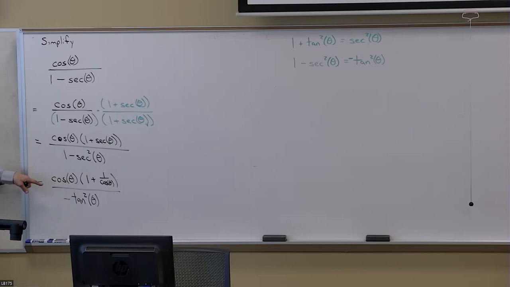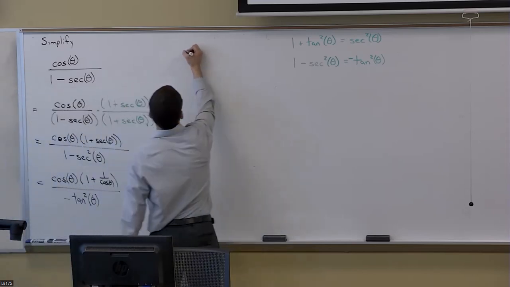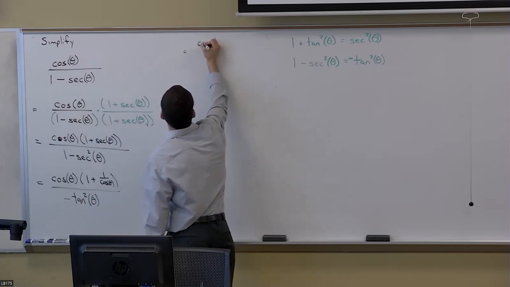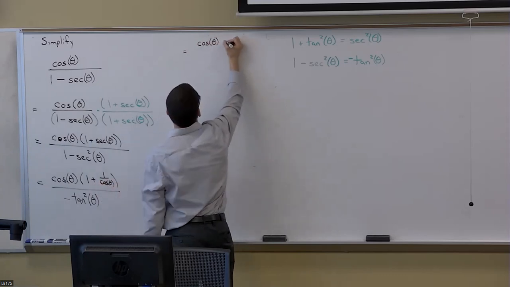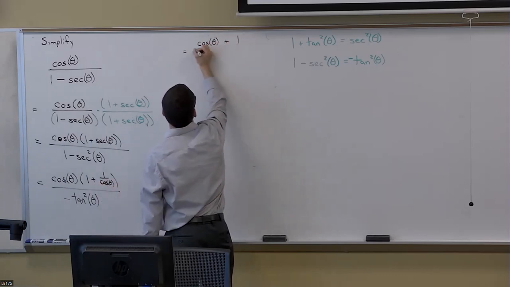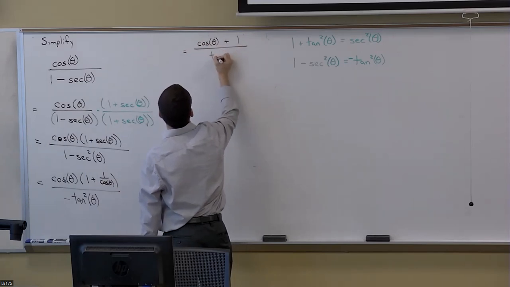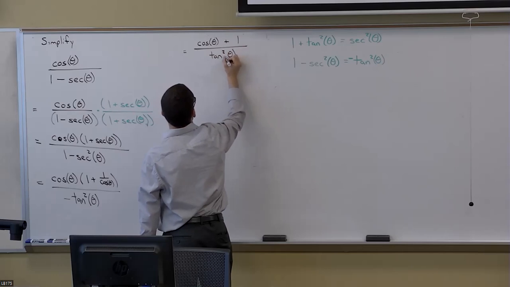All right. So now when I distribute, I get cosine theta plus 1 divided by negative tangent squared of theta.